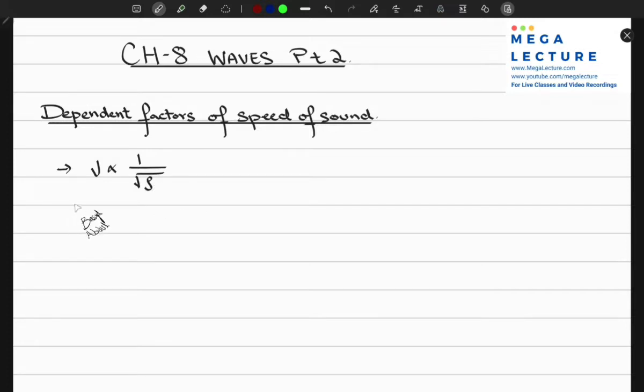And then the speed of sound is directly proportional to the square root of the temperature of the medium. From which we can write down the speed of sound ratio for one medium to another medium as square root of T1 by square root of T2.